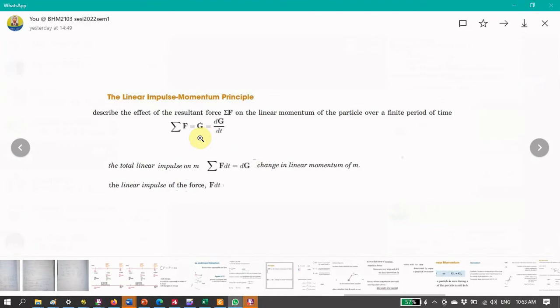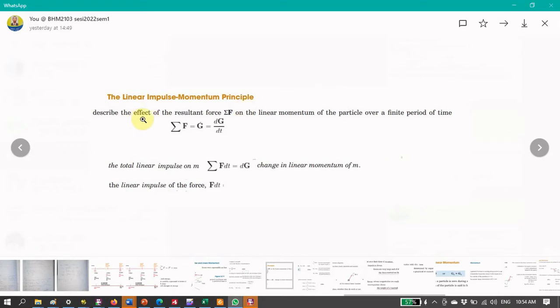Now the author goes to the linear impulse momentum principle in order to describe the effect of the forces acting on the particles over a period of time.